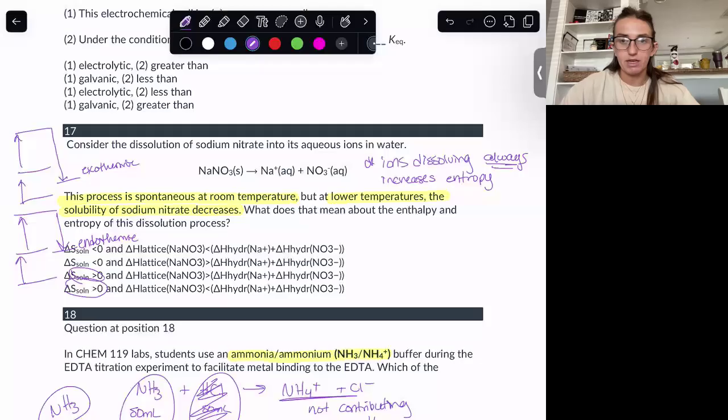Yes, so if it's endothermic, that means that it requires more energy for the lattice than it does for the bonds forming. Charles, that's a great point as well. You can say that since it's also endothermic, then both S and H are positive, and you can go from there. That's absolutely true. Yep.